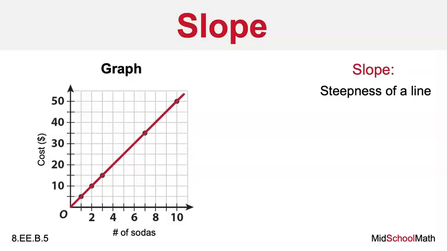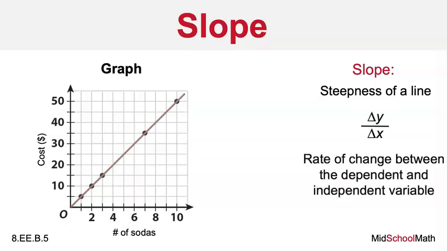But how much does it change as it goes up? That is the slope, a value that defines how steep a line is, and this value is the ratio of the vertical change over the horizontal change, often called the change in y over the change in x. It's the rate of change between the dependent variable and the independent variable.